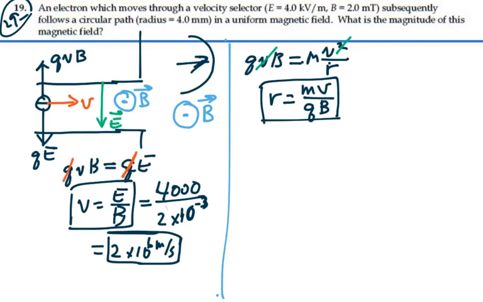But in this case we want to find the magnetic field. So the new magnetic field is going to equal the momentum divided by q times r.